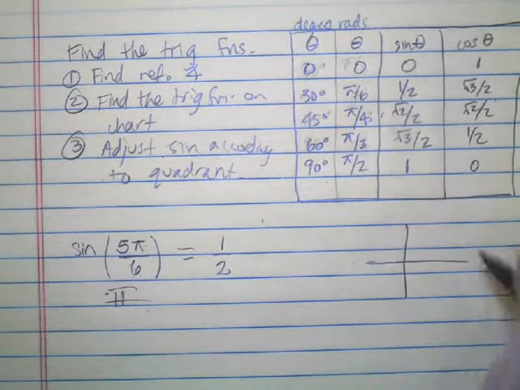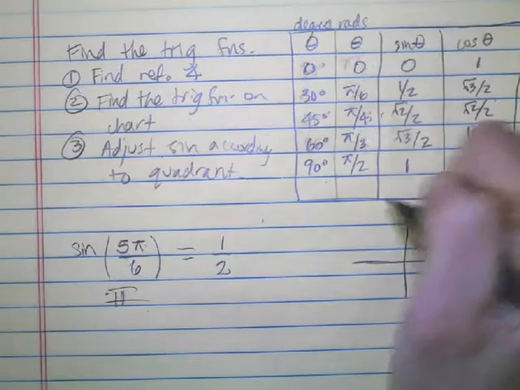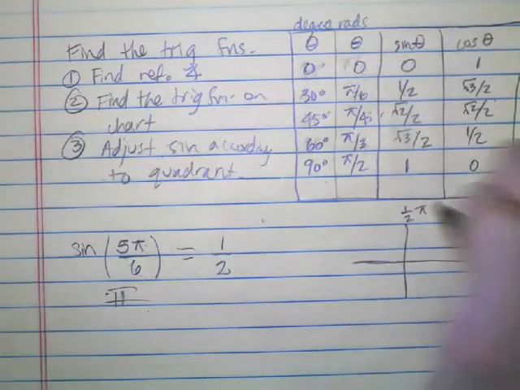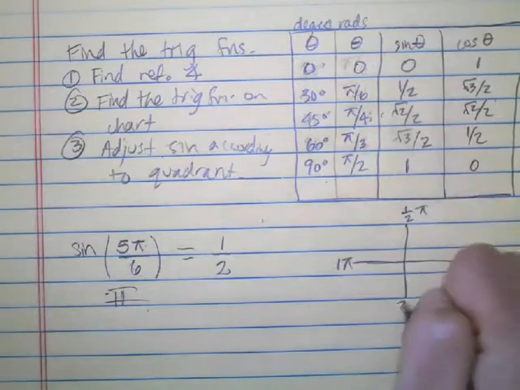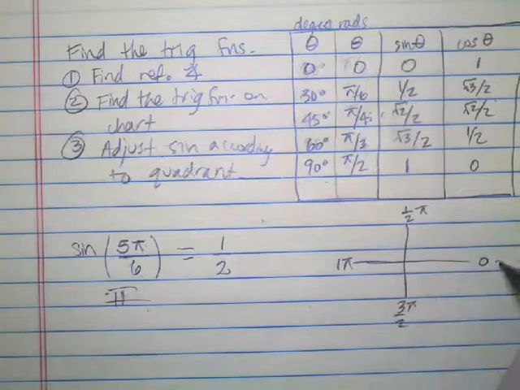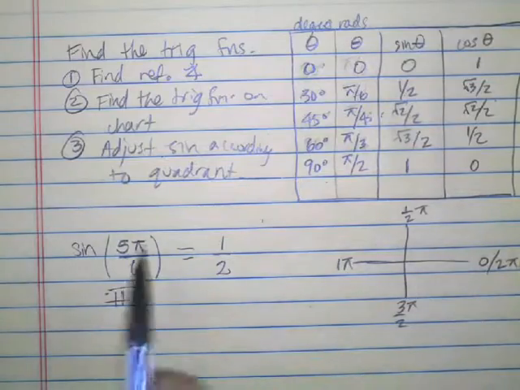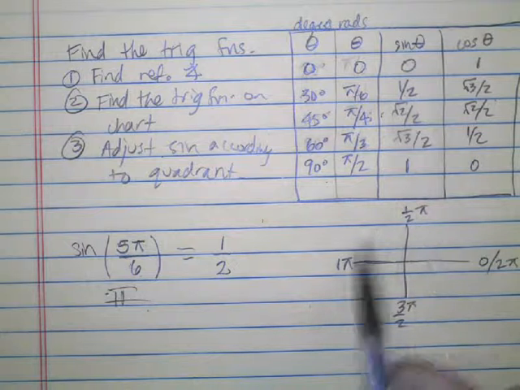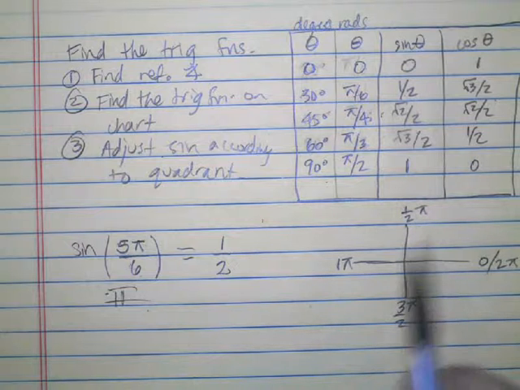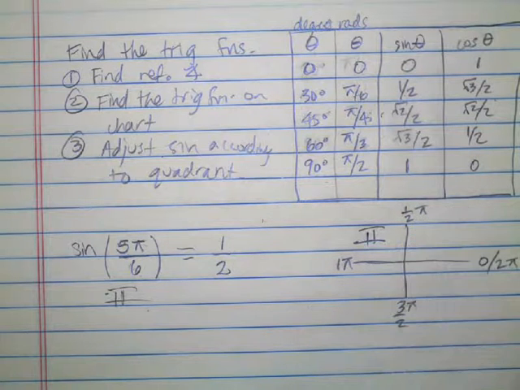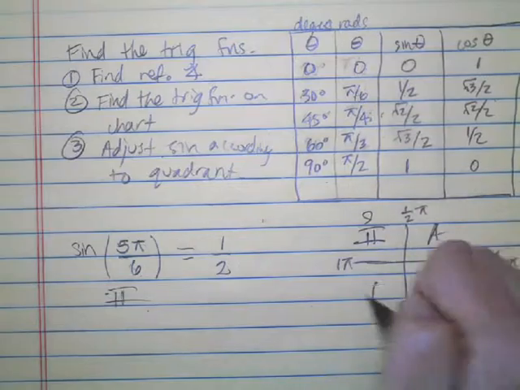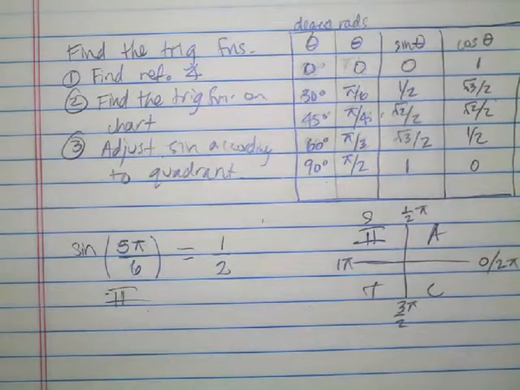Because remember I said this is like 0 to 1/2 pi to 1 pi to 3/2 pi to 2 pi. So 5 over 6 is almost 1, and it's over 1/2, so that would be in quadrant 2. And in quadrant 2, all students take calculus. Is sine positive or negative? Positive, so you leave it positive. Good. Is that the answer?